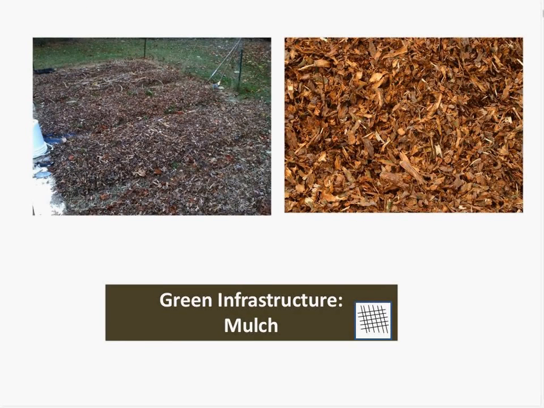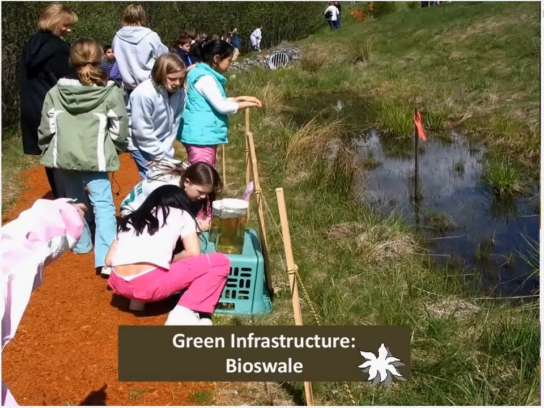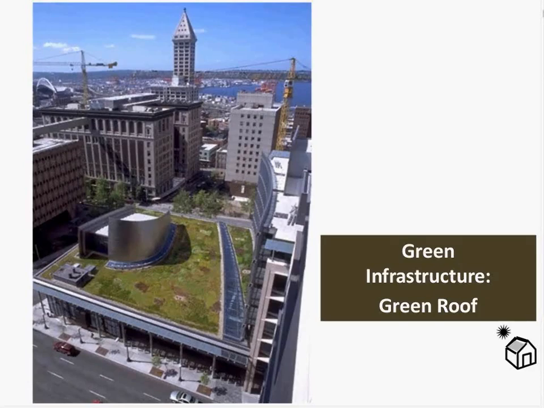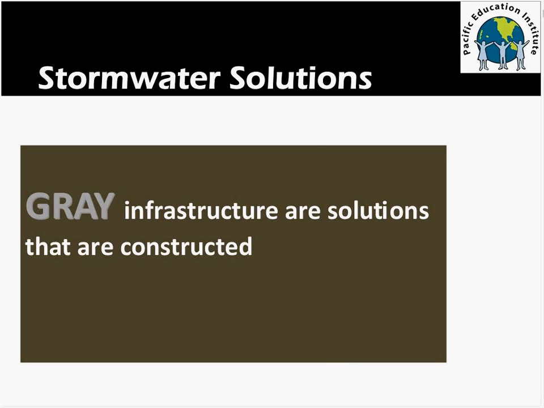Mulch is very important. They've discovered that using mulch where we do a lot of construction is better than other options like the hay you've seen or the netting, that mulch is really preferred. It's really great at helping erosion. There are bioswales, detention ponds, green walls, and green roofs to intercept water.